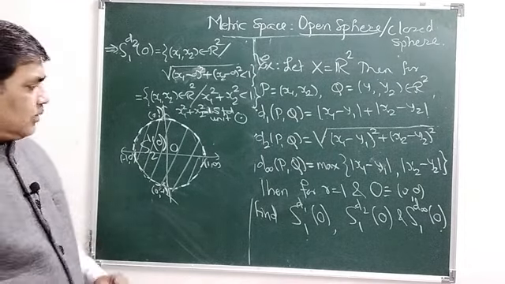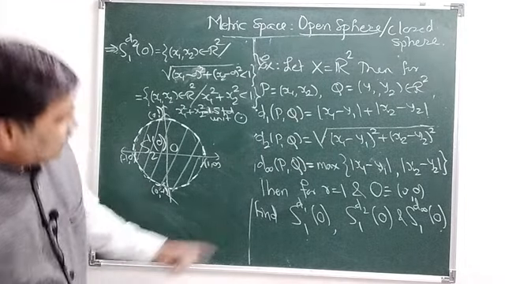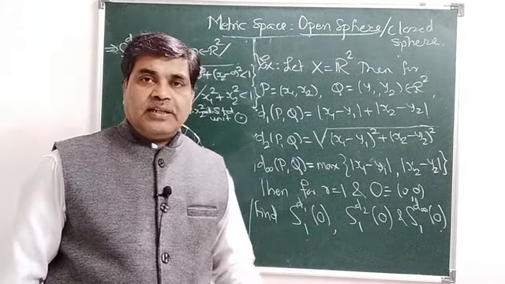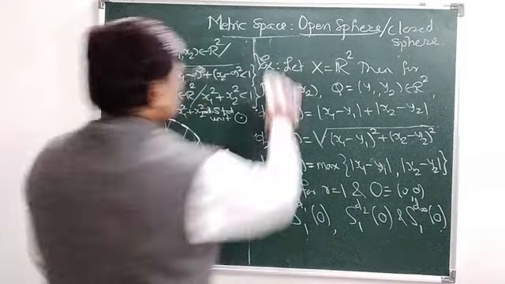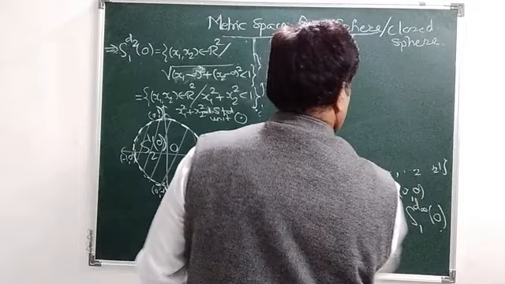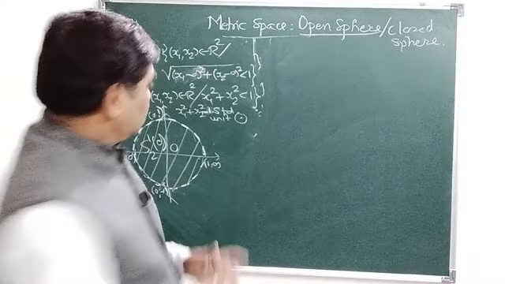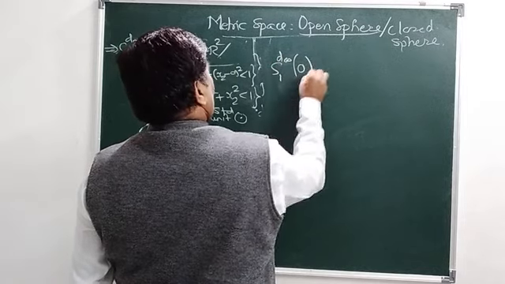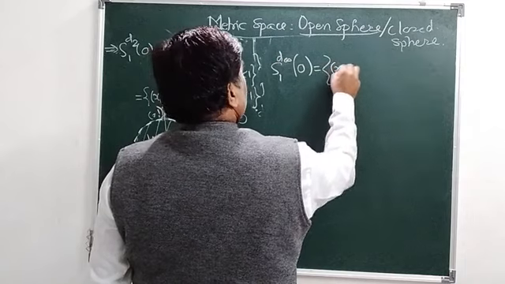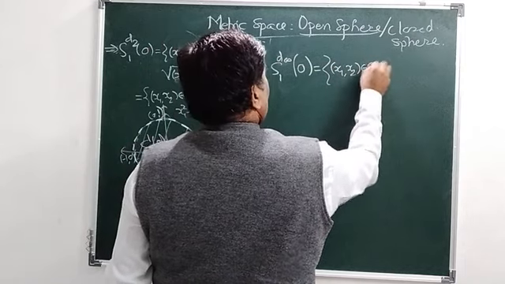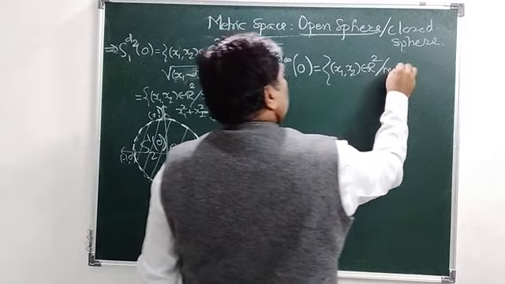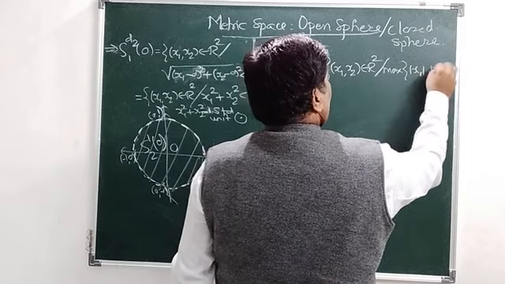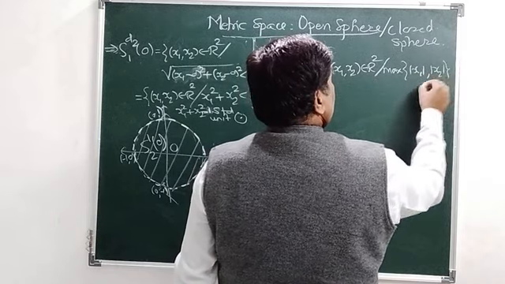Now what about the next metric, D infinity of PQ? S1 D infinity at origin is the set of (x1, x2) belonging to R2 such that the maximum of mod x1 minus 0, mod x2 minus 0 is less than 1.